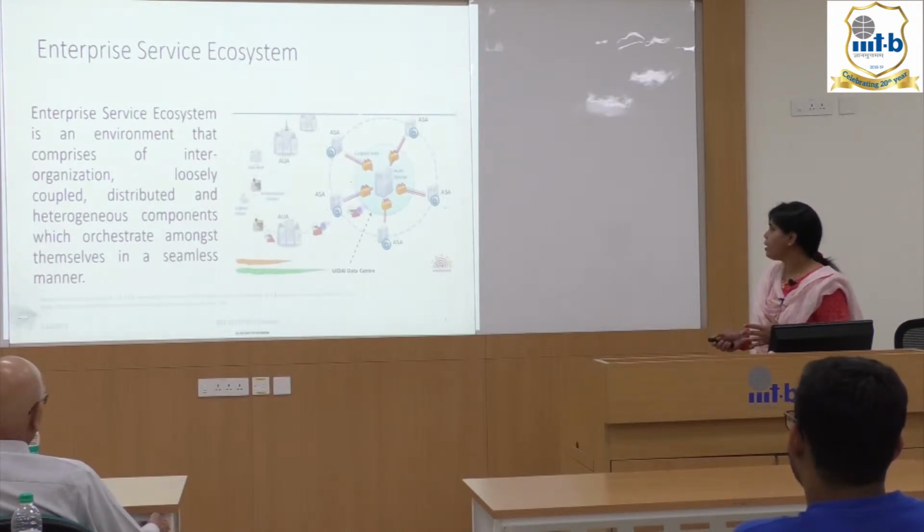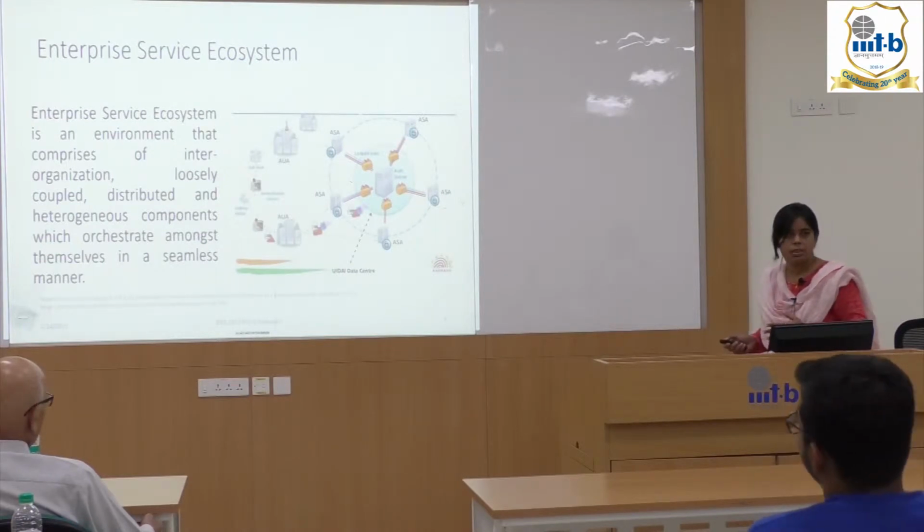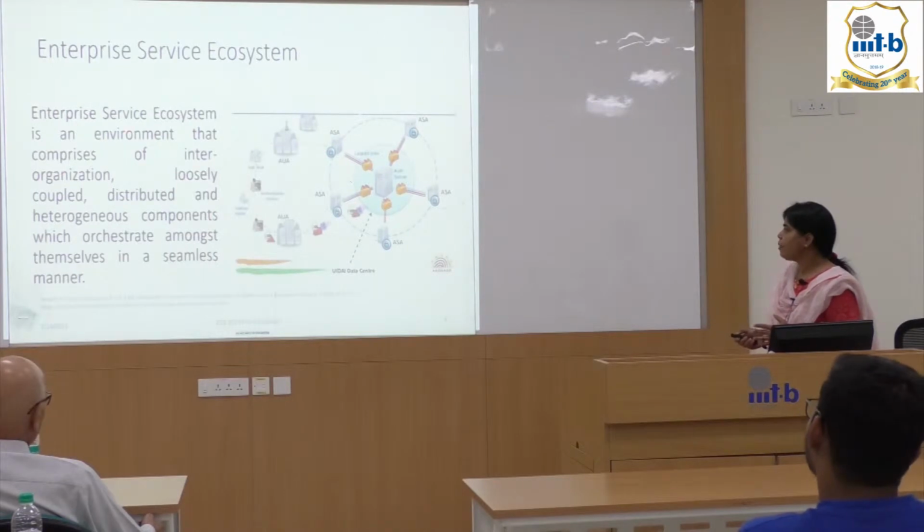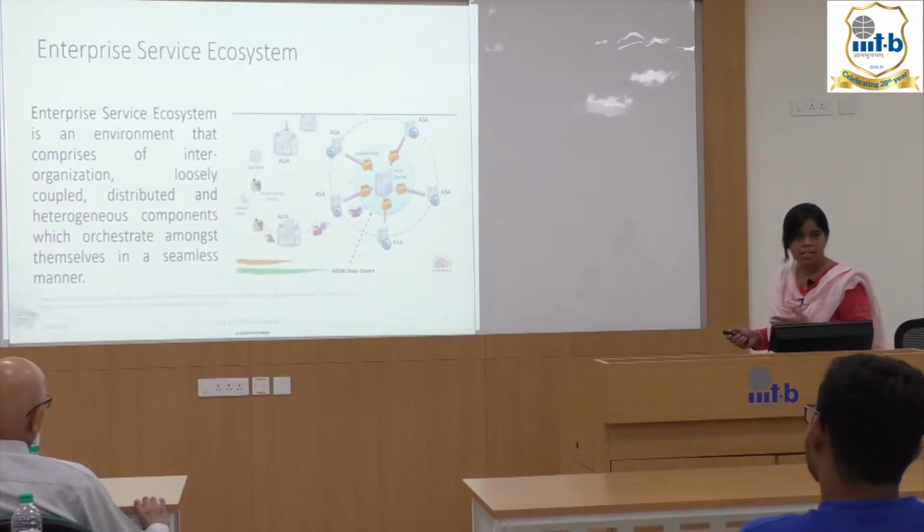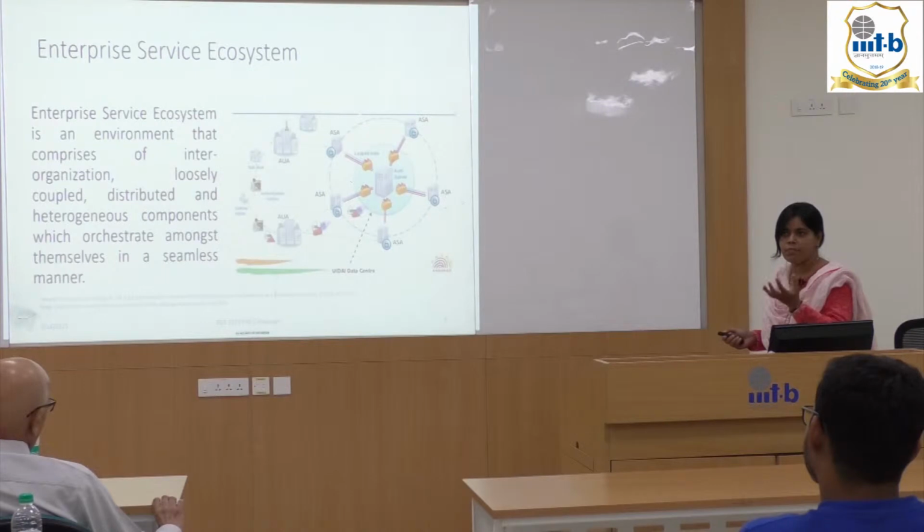Aadhaar authentication ecosystem is one example of enterprise service ecosystem, where we have components like Aadhaar holder, authentication device, sub AUA, AUA, ASA, and then the authentication server. When an authentication request is sent from an authentication device, the device captures the personal identifiable details of the Aadhaar holder.